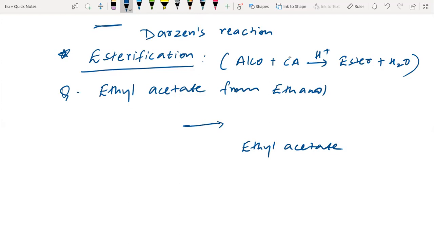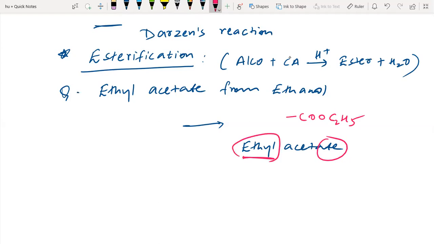So for this, see what you have to do. Whenever you see acetate, that means ester. Ester is COOR. And what is this R here? R is alkyl. Which alkyl do we have? Ethyl. So in this place you will write ethyl, C2H5.